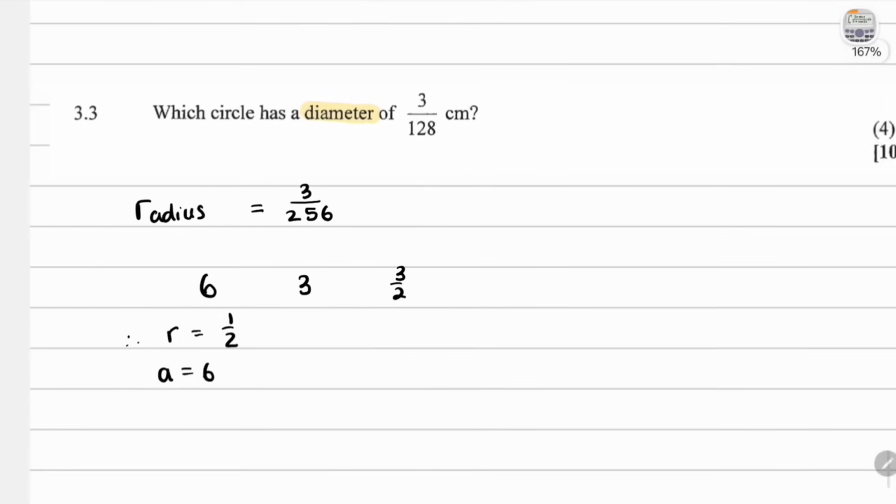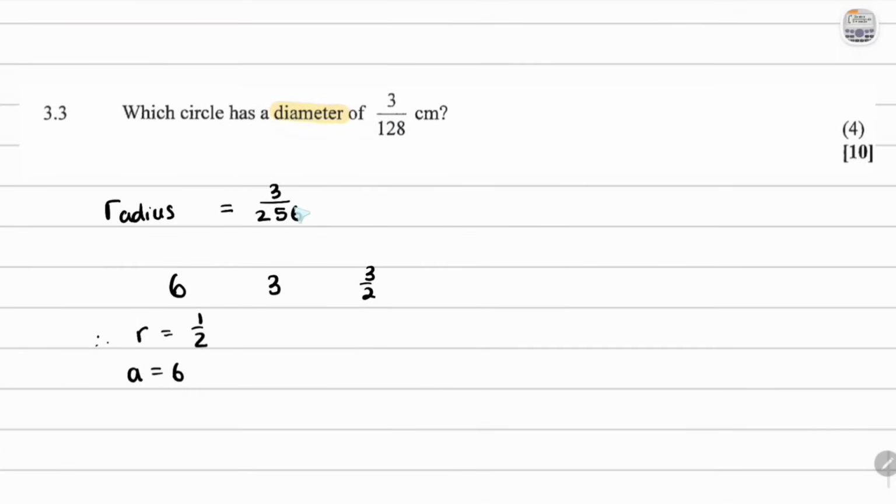Okay, so we're trying to find out which circle would have this radius. In other words, which term in this pattern of the radii would have 3 over 256. So this is a Tn question. We're trying to find out what is the term number belonging to this term value.